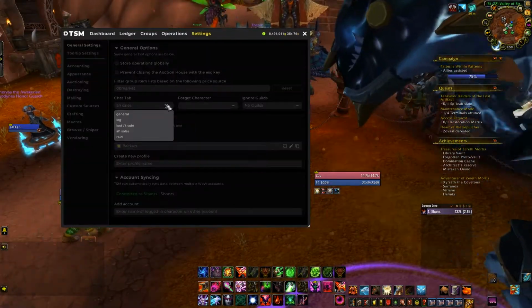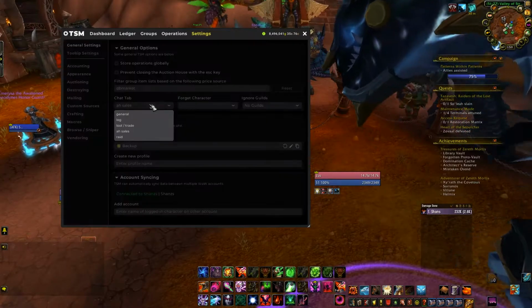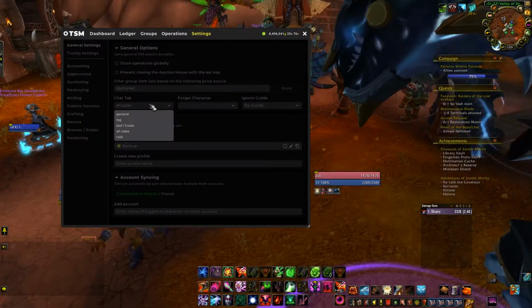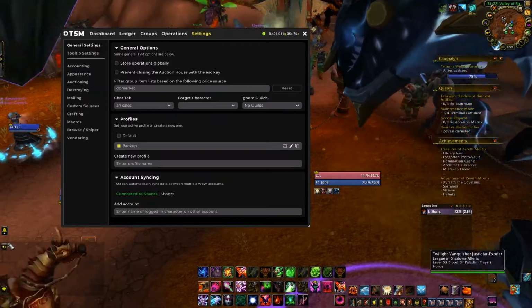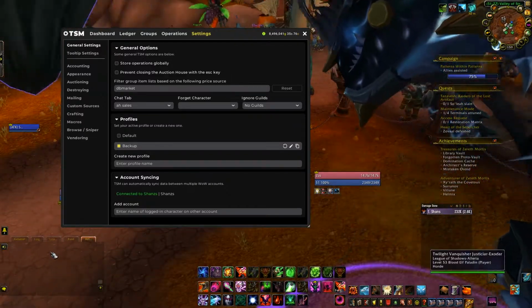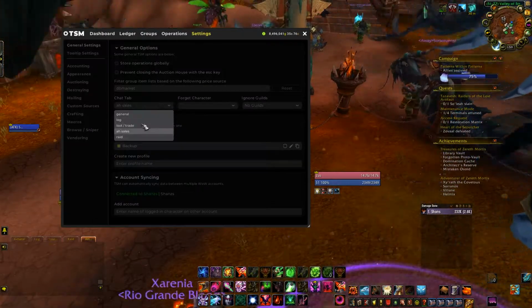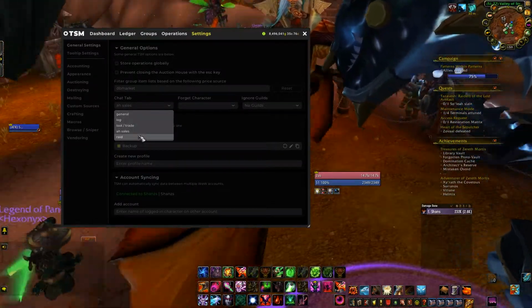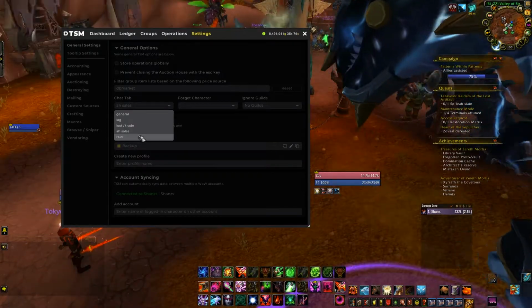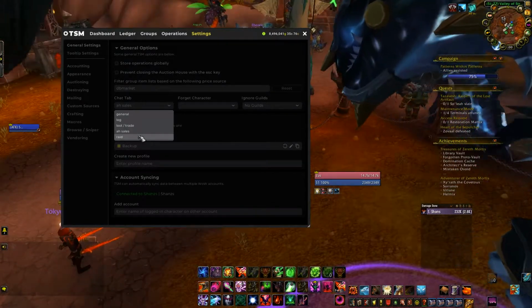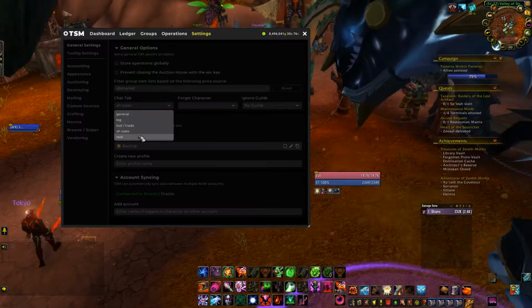The chat tab. Now, if you want to set it up like mine with an AH sales tab, you just create a tab with the WoW UI or whatever chat add-on you're using, and then you select where you want the system to tell you when items are sold at the AH. Now, I will let you know sometimes the gold amount isn't correct, especially if you have multiple items up, like multiple levels of the legendaries.